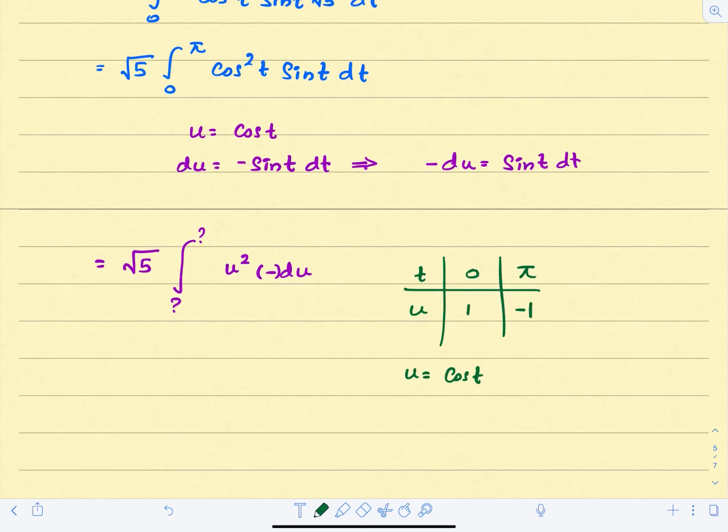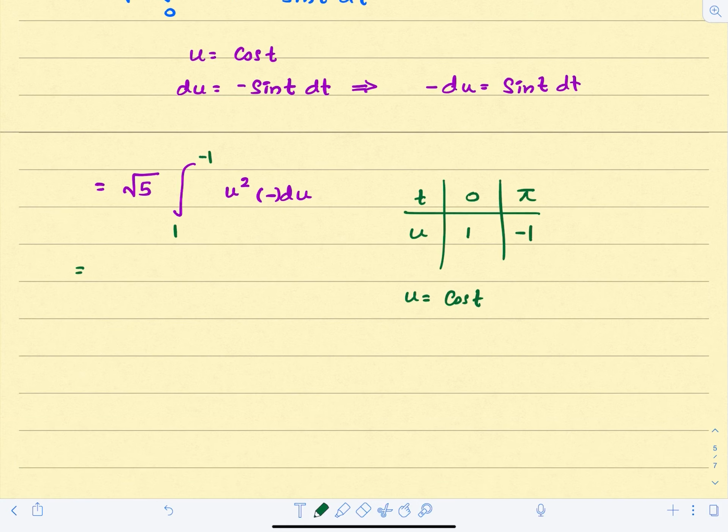Now these two limits: lower limit should be 1, upper limit should be -1. Okay, and I'm going to factor out that -1, so this -1 from the integral sign. So you have -√5 times the integral from 1 to -1 of u squared du.